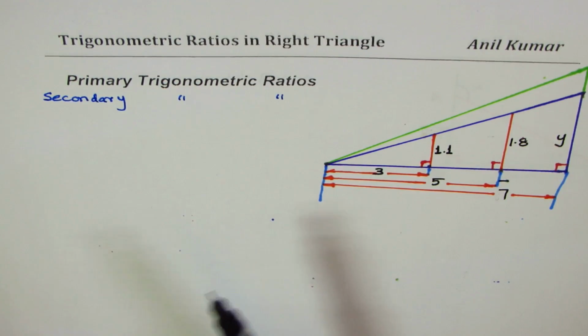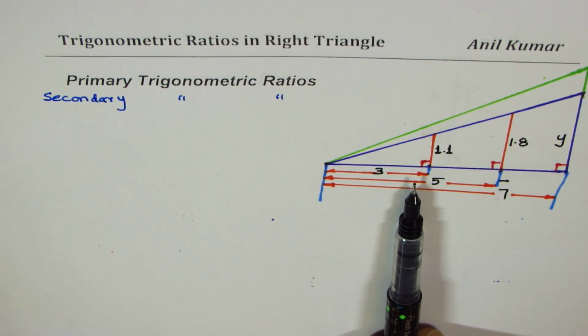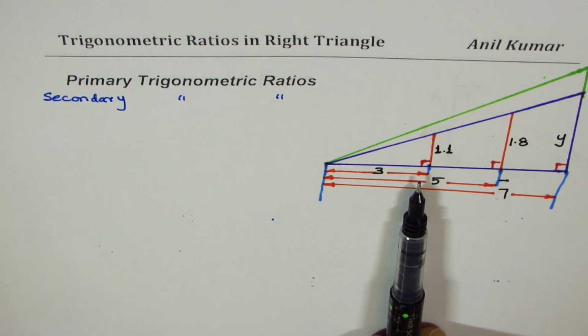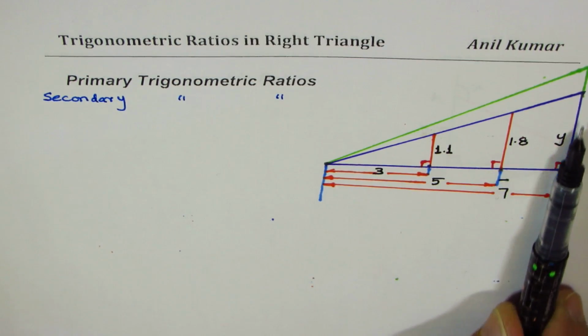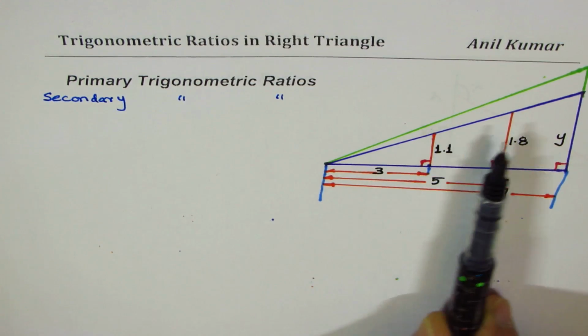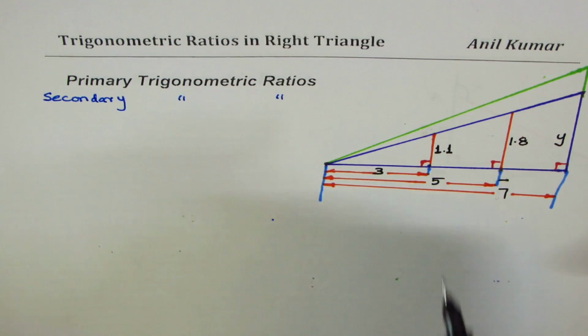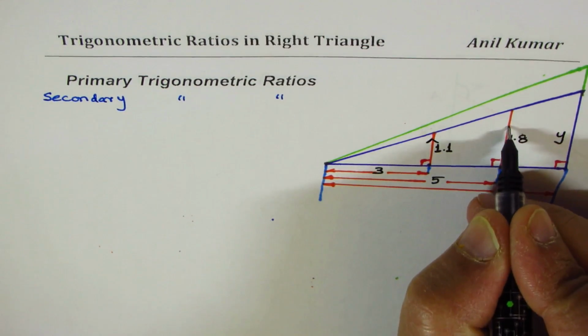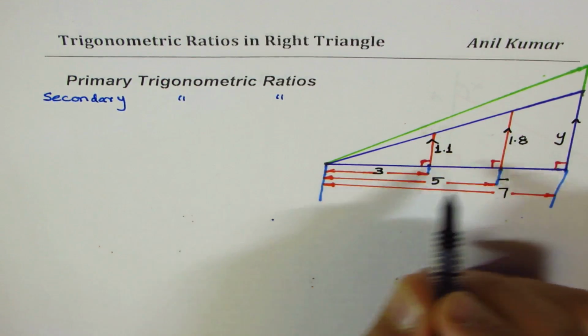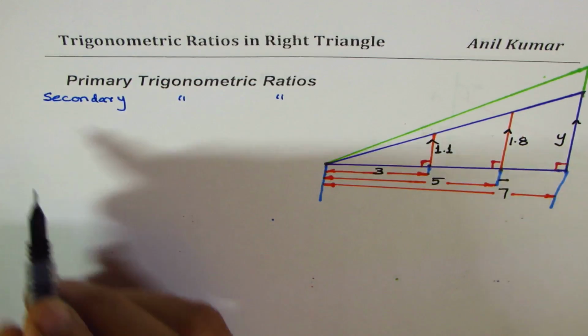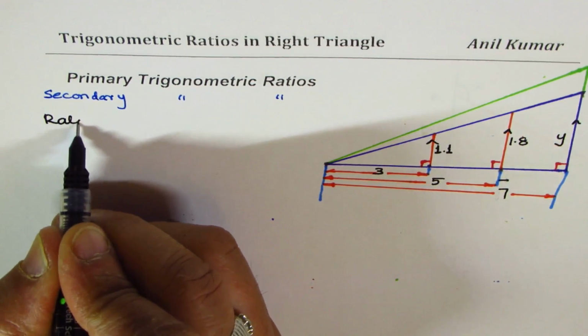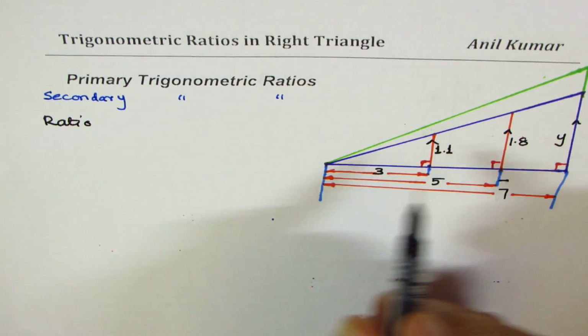Okay. To begin with, it is kind of important to understand that if I have a big triangle and in between I divide it with parallel lines, let's say, so these lines are all parallel, in that case, we'll find that the ratio is constant.